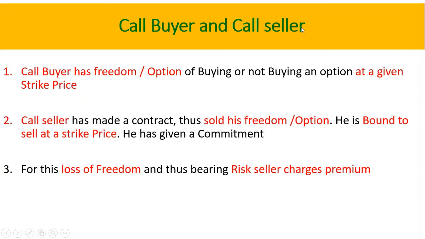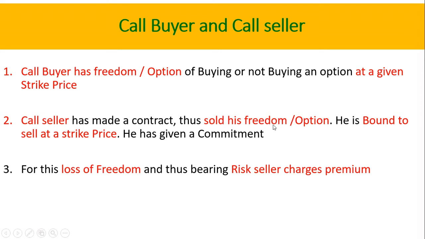What is call buyer and call seller? Buyer has a freedom. Freedom means right to buy. In call, you have the right to buy. Freedom to buy means buyer has a choice to buy at a strike price or leave at the strike price and lapse the call option. Call seller has no freedom.